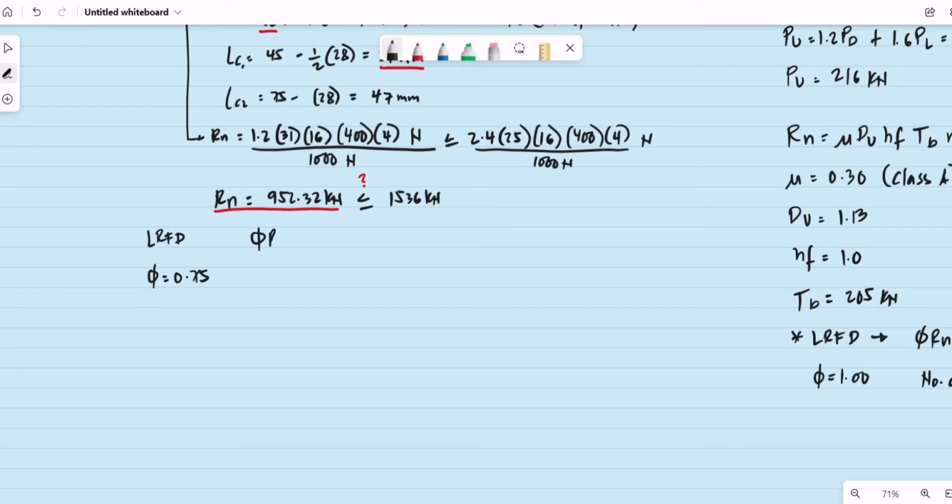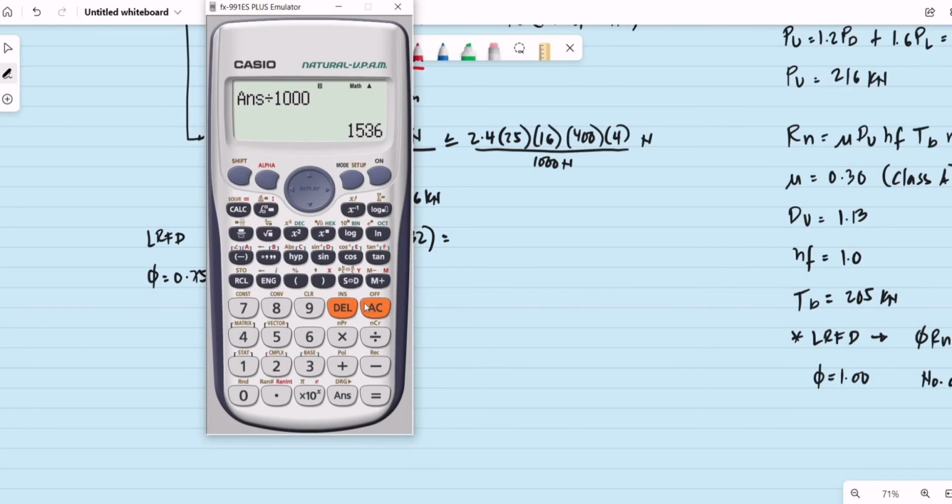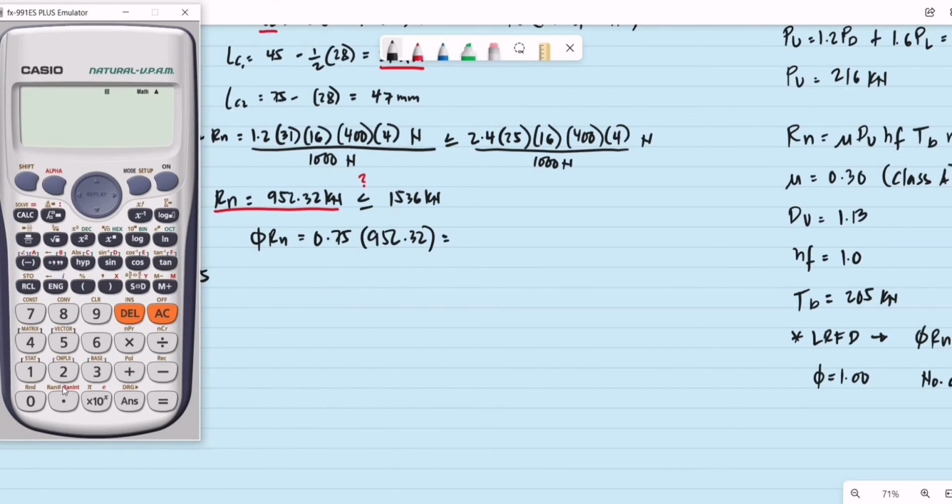So we have the φRn is equal to 0.75 of 952.32 kilonewtons.